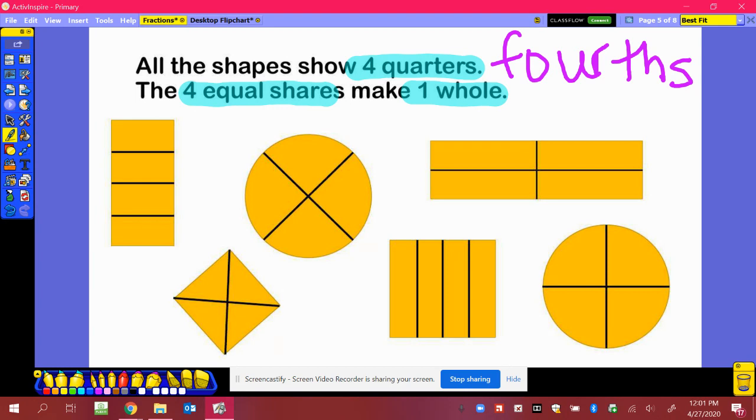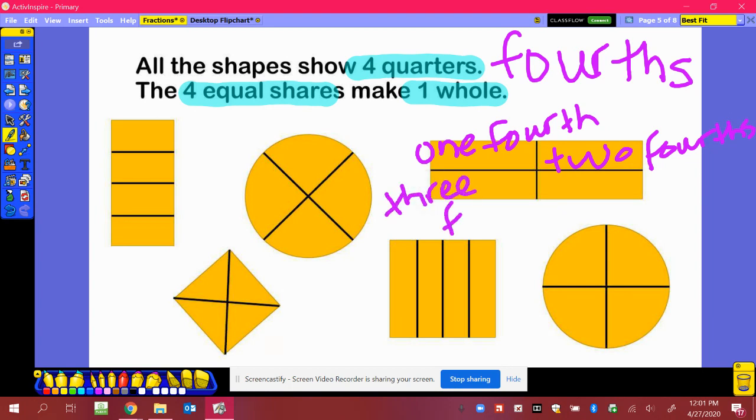So if you look at this shape, this is 1/4. This would be 2/4, 3/4, and then this would be 4/4.